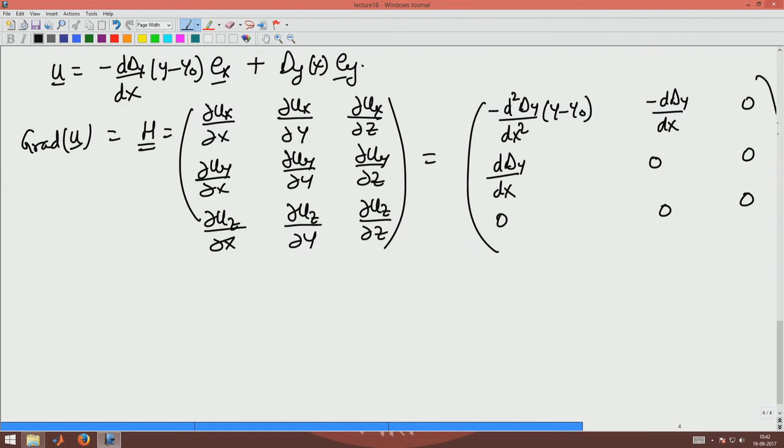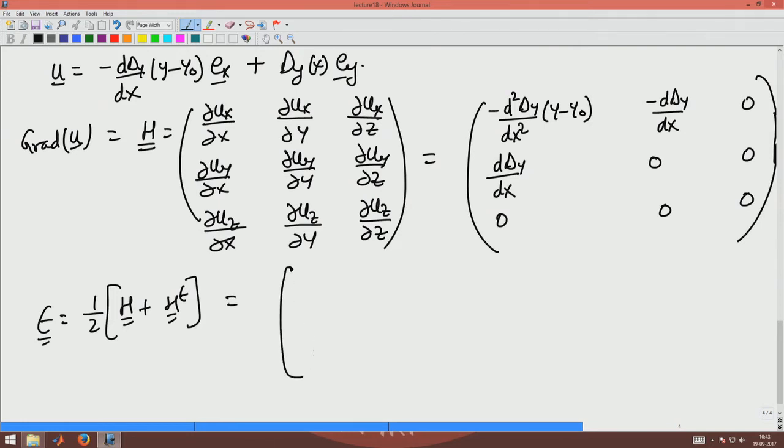Now, the linearized strain, as we saw before, is given by 1 half (h plus h transpose), which in this case happens to be given by this matrix, with minus d square delta y by dx square into (y minus y naught) and zeros elsewhere.